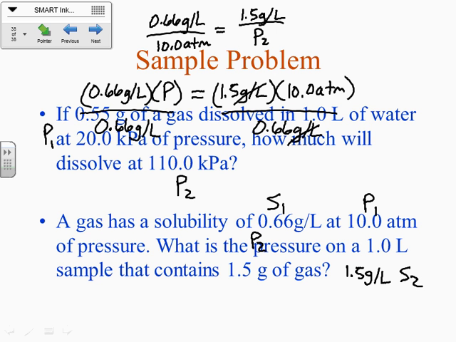Well, yeah, you go with the lowest number of sig figs when you do your calculations. So say it again, is it 23? 23, okay. 22.72. So it takes 23 atmospheres to increase the solubility to that amount. That's a lot of atmospheres. Well, we're starting with a solubility that's already at a really high pressure, right? It's already 10 atmospheres. So to get it even higher, we're going to have to increase the pressure even more.